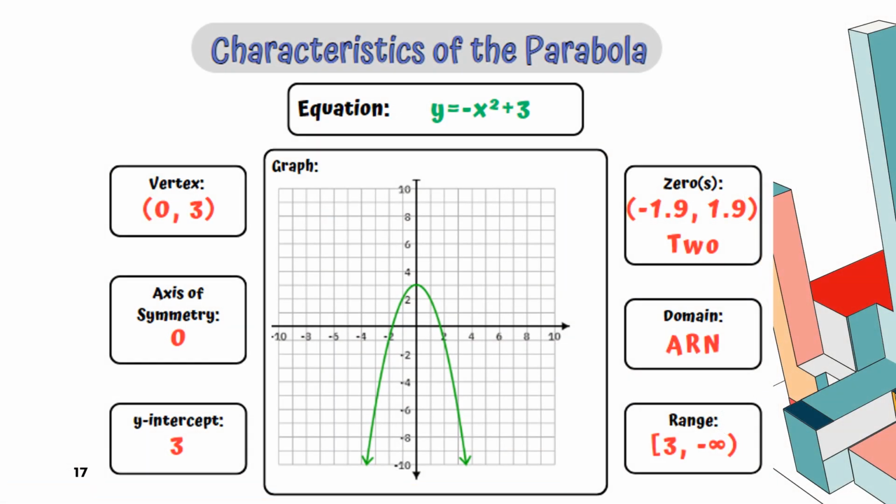So here we go. Our vertex is 0, 3. We established that it has a maximum value. Your axis of symmetry is just 0. It crosses your y-axis at 3. We have 2 zeros, and they're just right below the lattice point. If we use the quadratic formula, we could probably get it.